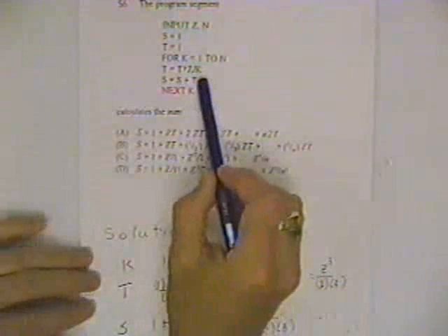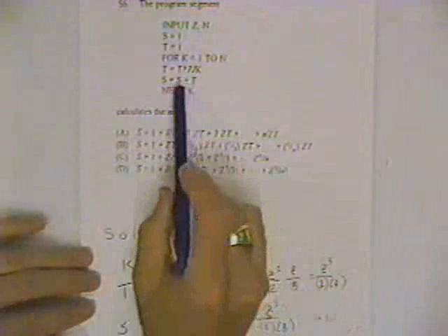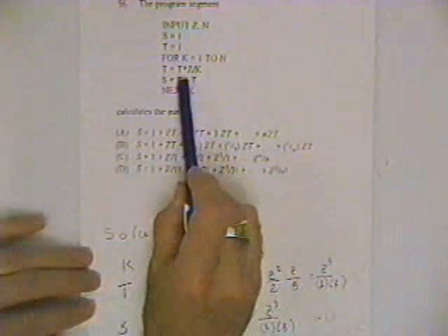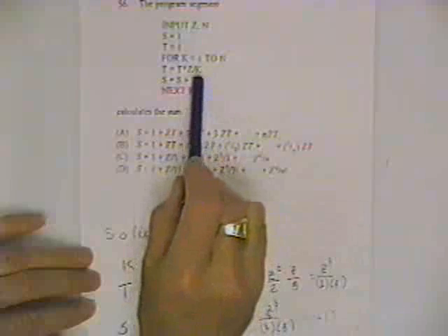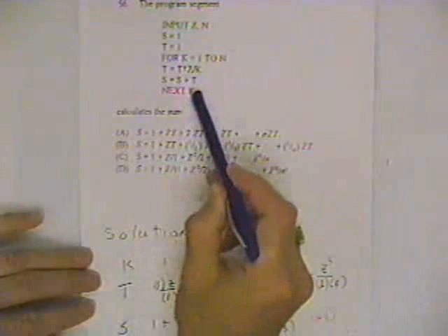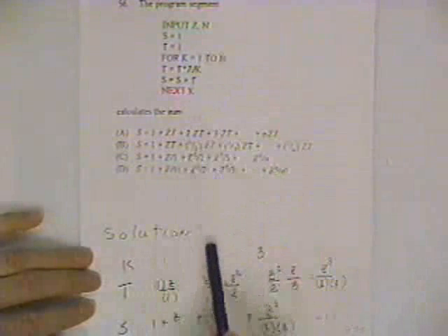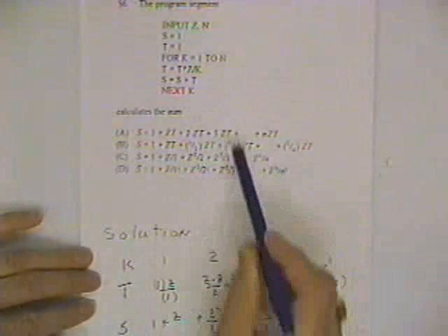Then goes down to the next statement to evaluate the value of s. S is evaluated as the current value of s, which has been assigned a value of 1, plus t, which we just evaluated as z. So then, at that point, the value of s is 1 plus z. Gets down to the next k, jumps back up, increment k, k is now equal to 2.